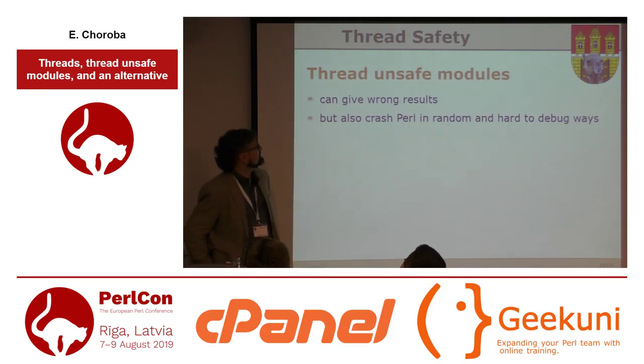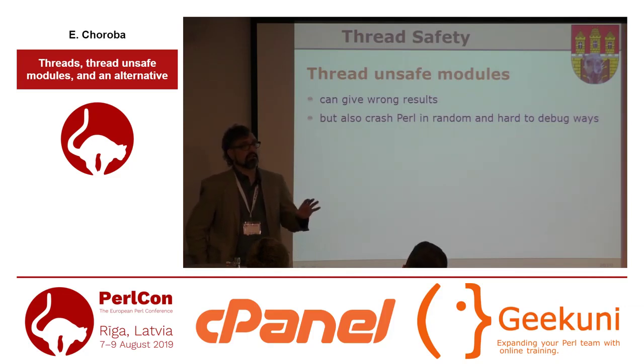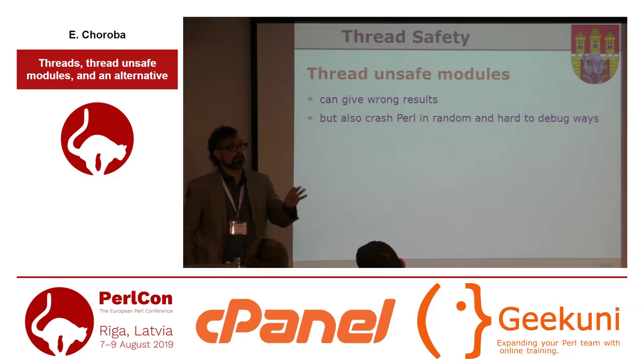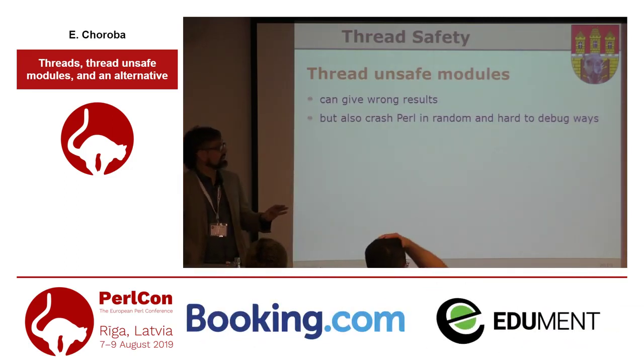So, thread safety. This concerns mainly modules that are not thread safe, which means there is some kind of a state saved somewhere in the C code of the module, and it doesn't behave nicely with the threads, which means there is some kind of a global state that gets modified from all the threads.